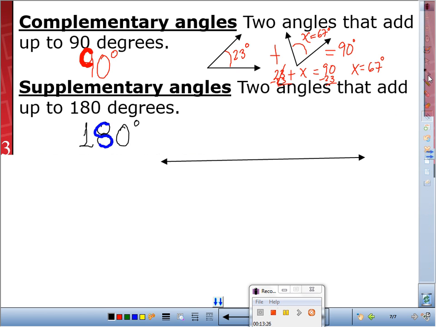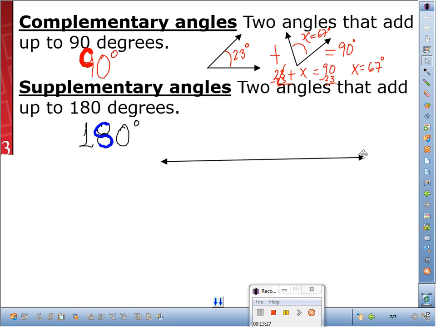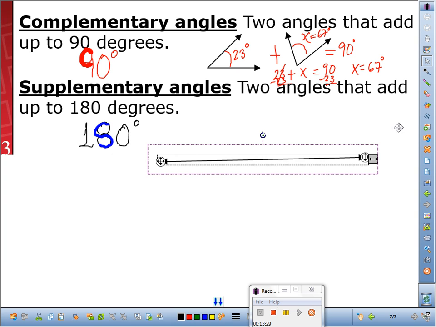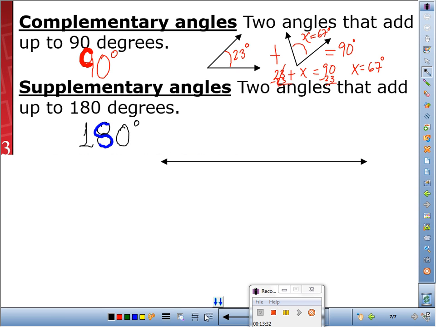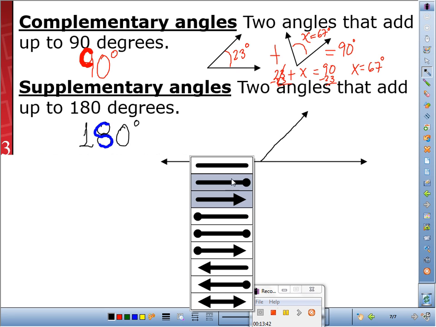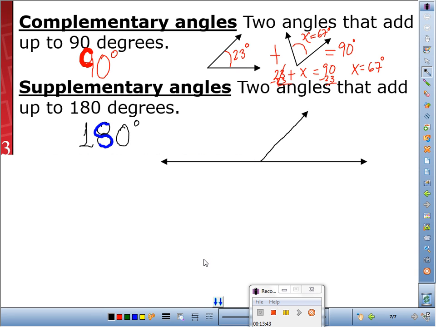Draw a straight line like that with your protractor, please. And then draw an angle like this, a ray like this. So now check this out. Look up. This one is 35 degrees. And this one we're going to label Y degrees.